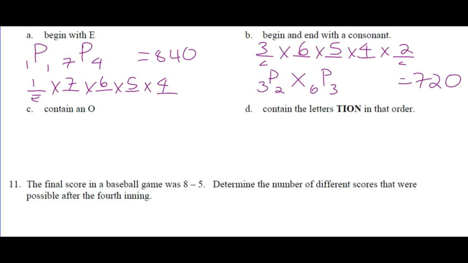Too lazy to go look at the sheet. Contain an O. What's easier than contains an O? Doesn't contain an O. So we could take all the arrangements. What's all the arrangements?